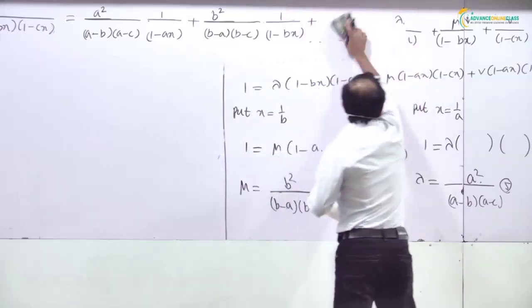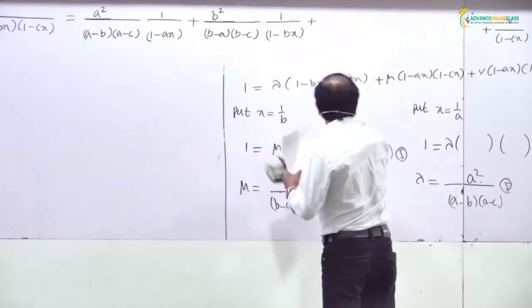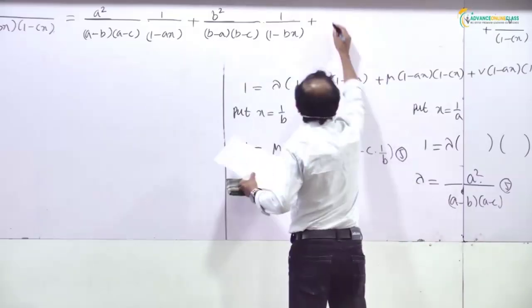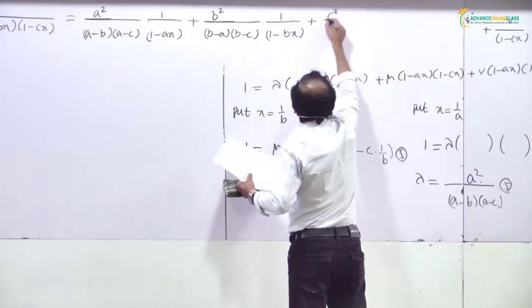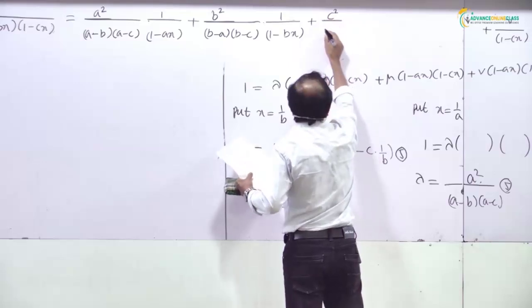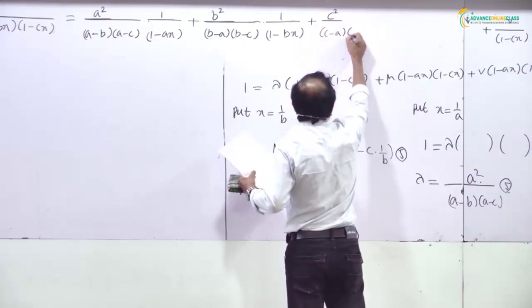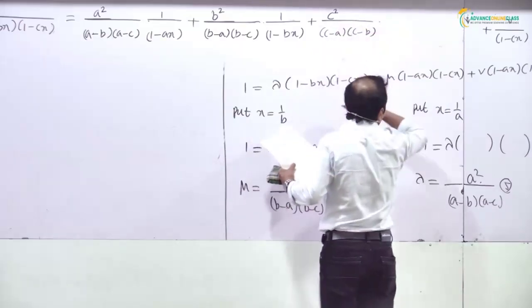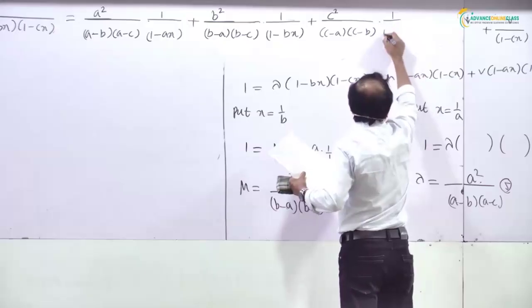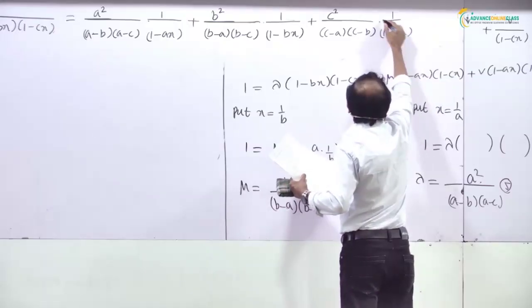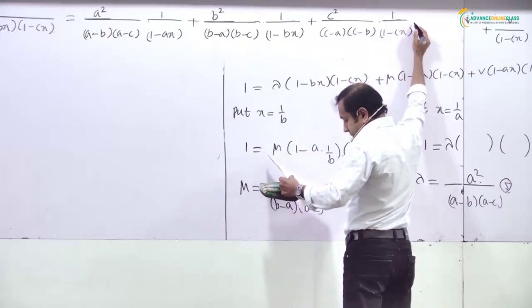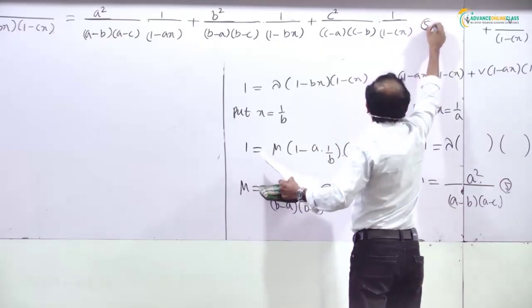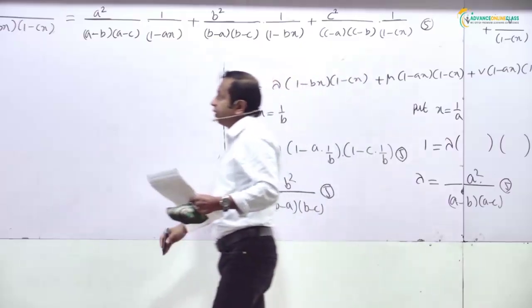Nu is c squared over c minus a, c minus b, times 1 over 1 minus cx. This way we take. Right. This is for this substitution 5 marks, because this substitution is required to take the next answer.